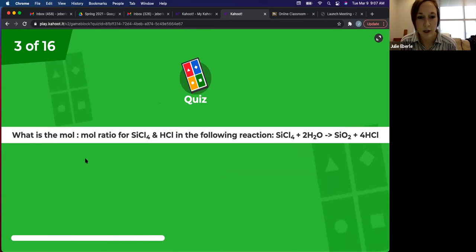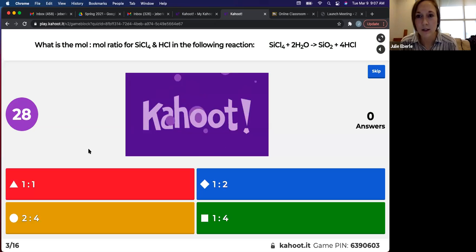What is the mole-to-mole ratio for silicon tetrachloride, SiCl4, and HCl in the following reaction? So you're looking between SiCl4 and HCl, you're looking at the coefficients, right? You got 20 seconds left. Is it a 1-to-1, 1-to-2, 2-to-4, or 1-to-4?